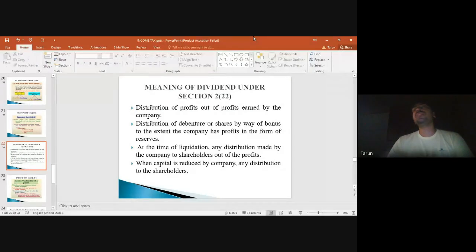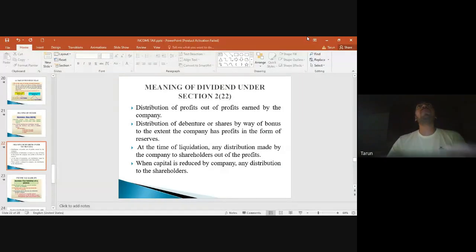So if a company distributes profits, that is dividend. If a company distributes a debenture or share in the form of bonus, of course, because bonus is also earned from the profits of the company, that is also part of the dividend.